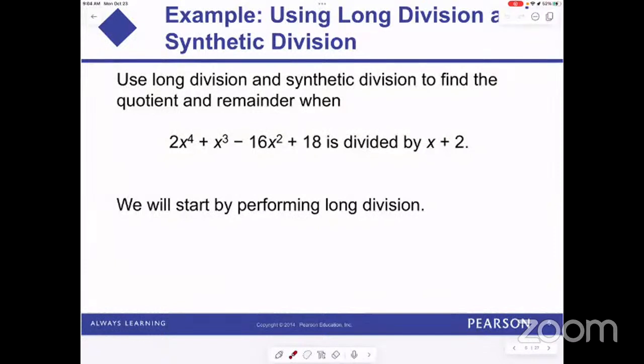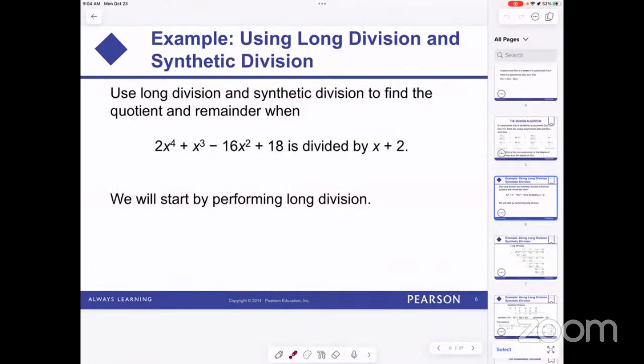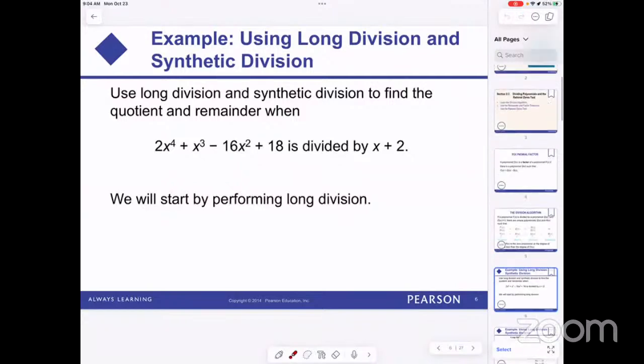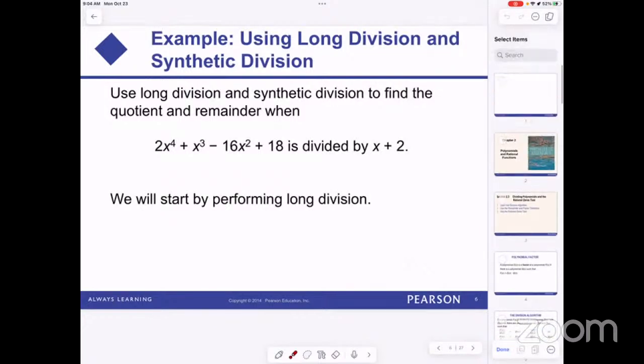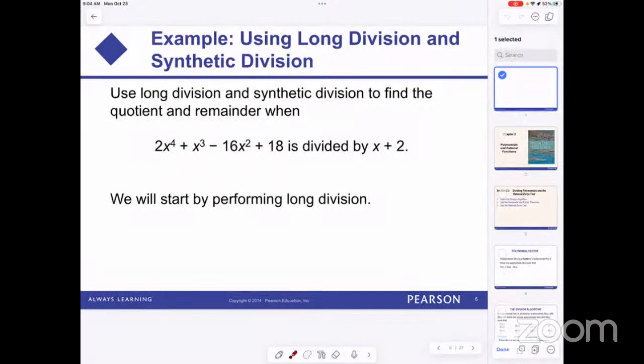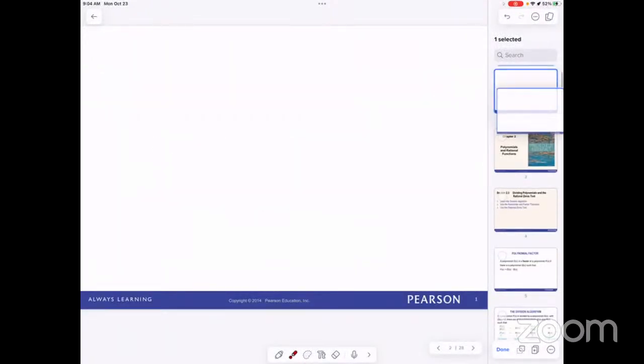I need some space. Did I give myself some space? I don't see any. This is slide 6. Let me do like 2 pages. Select. Duplicate. Let's just move this down, right here.